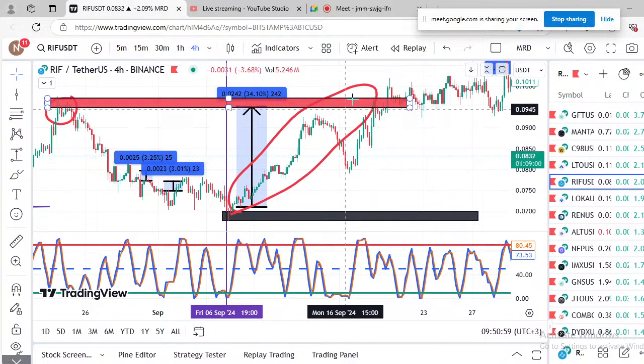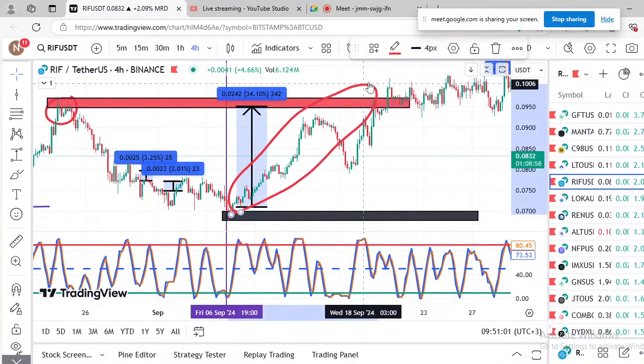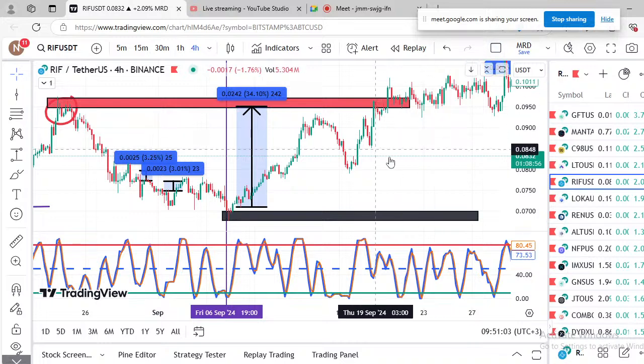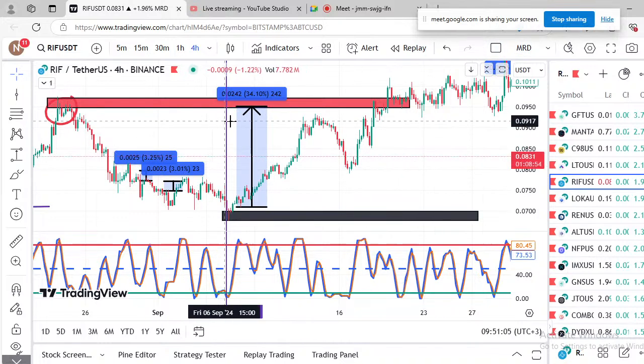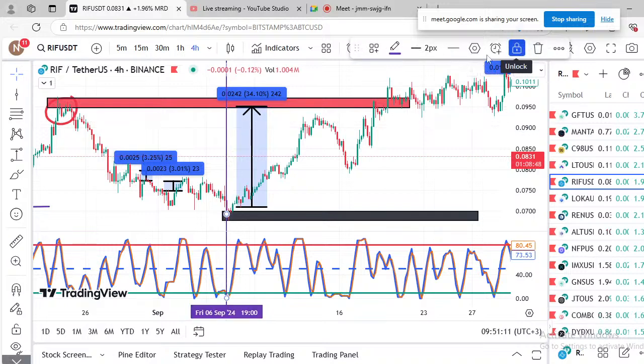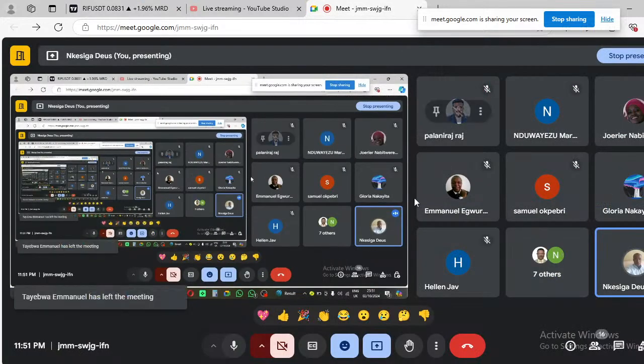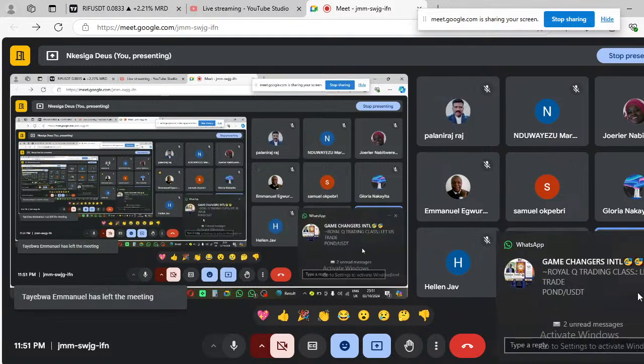Can we all use stochastic RSI? Can you explain to someone when you need to enter the market? Yes. Yeah, but I'm hearing only two. They are saying yes. But what about the rest? Samuel, can you explain to someone that I can use what we call the stochastic RSI, I enter the trade?